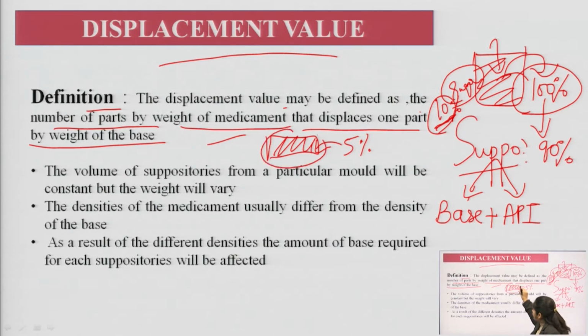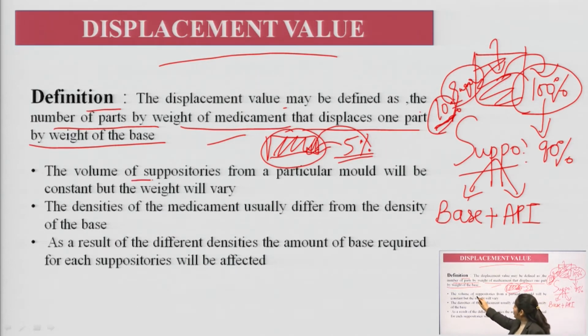Initially this entire thing contained 100% base. Now we are incorporating 5% of medicament into it. So, can I say that the displacement value is 5%, the extra amount that you have incorporated into that entire thing? A certain amount is being displaced by the medicament, and that is the displacement value.